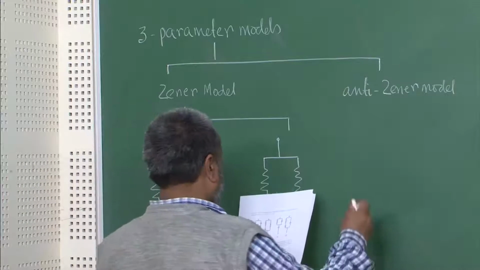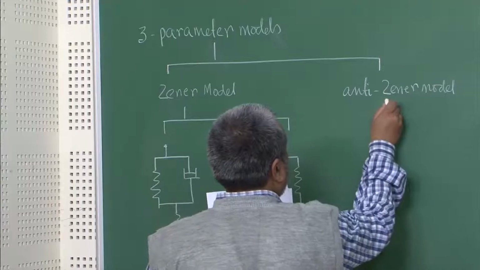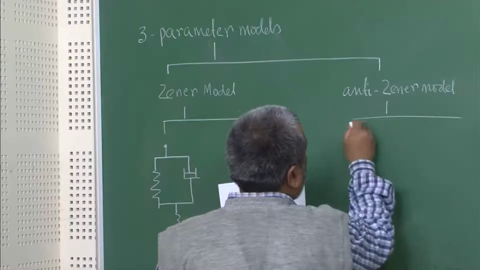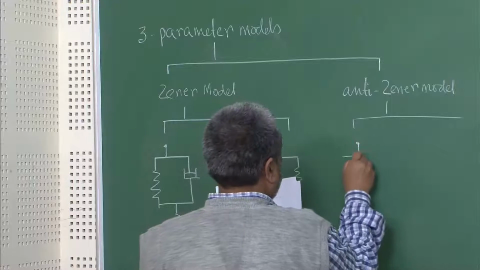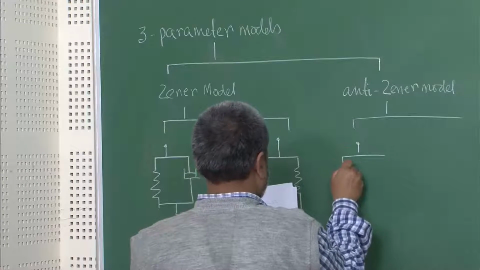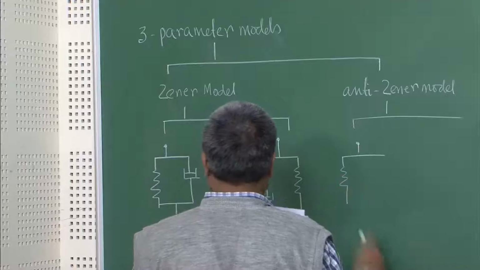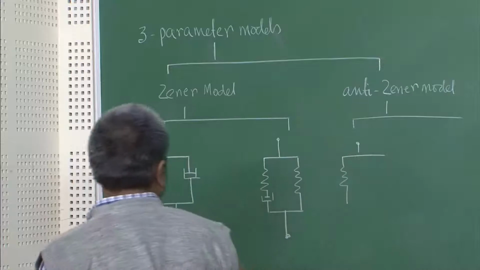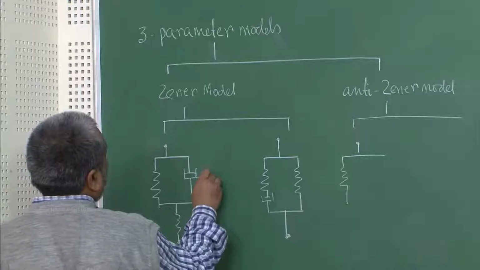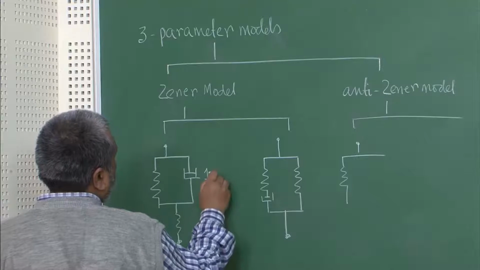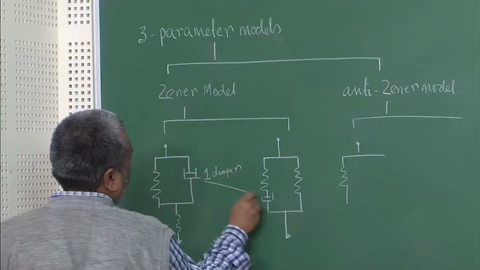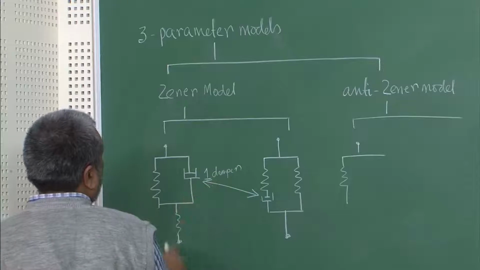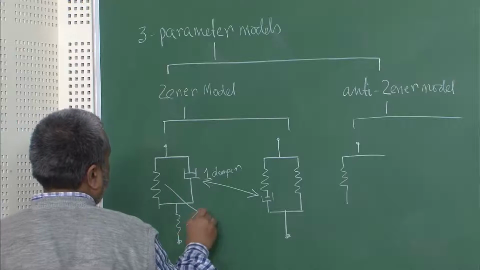And then we will look into the anti-Zener models. This also will have two variations in it. One variation is that these variations are in terms of the damper now. So, here in these 3-parameter models we have used one damper in both the cases and two springs.